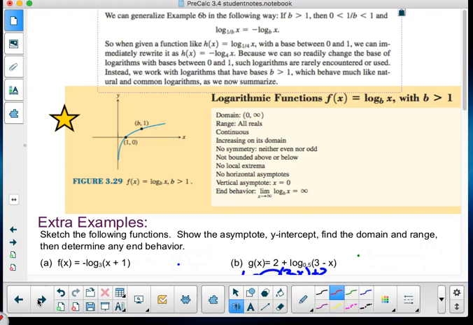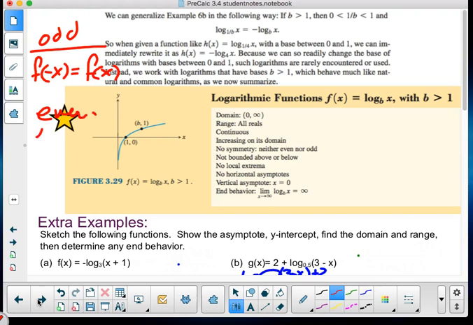I want to review symmetry. Odd symmetry. Okay, a symmetry that when I put in the opposite of x, I get out the opposite of f of x. Even symmetry. If I put in the opposite of x, I get out f of x. Okay.